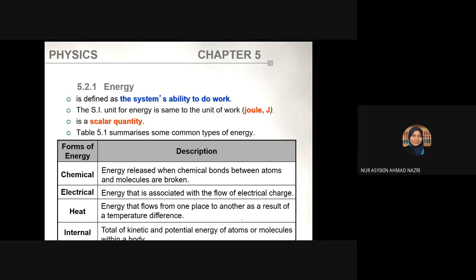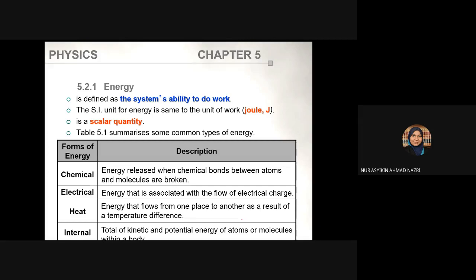Alright, so energy. So what is energy? How does it relate to work? Why is the unit the same? Okay, energy can be defined as the system's ability to do work, and it is a scalar quantity.